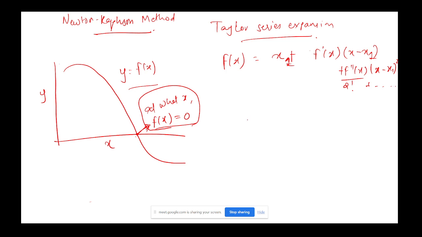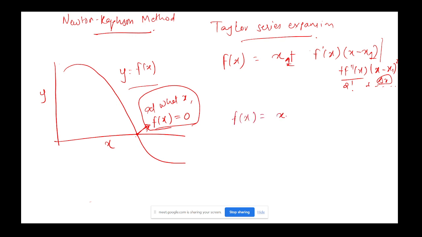This is nothing but the Taylor series expansion. Now if you ignore these higher order terms, because this delta is already small, and if you square it or even cube it, then after a certain point these terms will be negligible. So you can restrict yourself till this point.